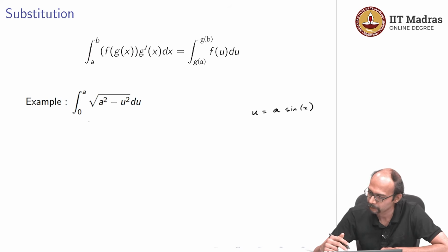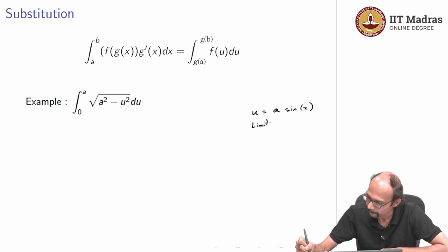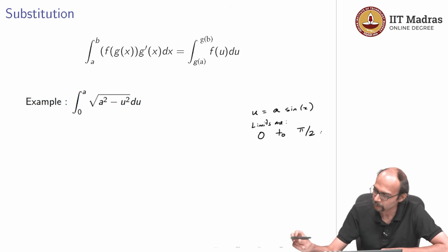The limits for u are from 0 to a. So, the limit for x is going to be 0 to pi over 2, right, because at pi over 2 it takes the value a.